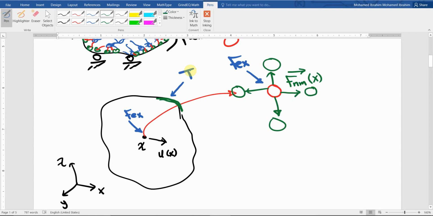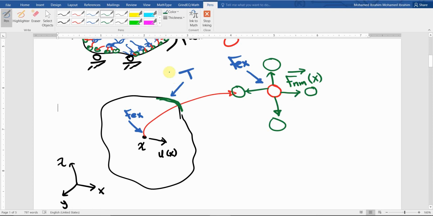Because this force T does not affect the particle, it affects the surface of the continuum to which the particle belongs. It means that this particle belongs to this continuum, so any force acting over the continuum will definitely affect the motion of this particle. Make sense?